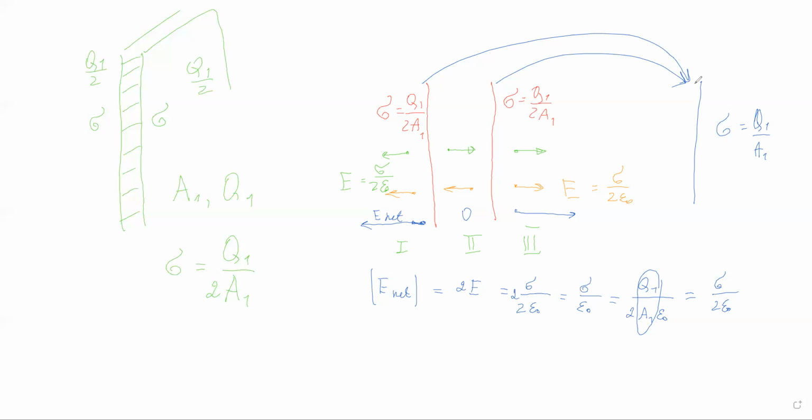And you are supposed to see that the net field for the conducting plate and for just the charged plane is going to be what? Sigma over 2 epsilon 0. Exactly the same sigma, over the same 2 epsilon 0, and the direction is going to be the same. So basically, all conductors can be just considered as charged plates.